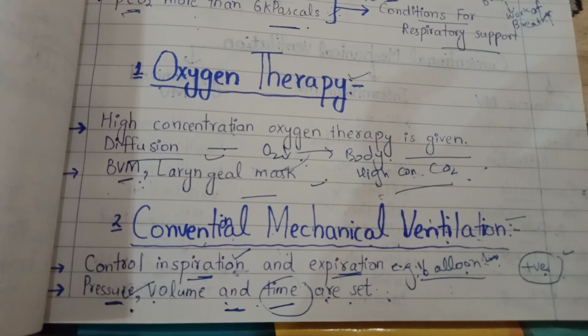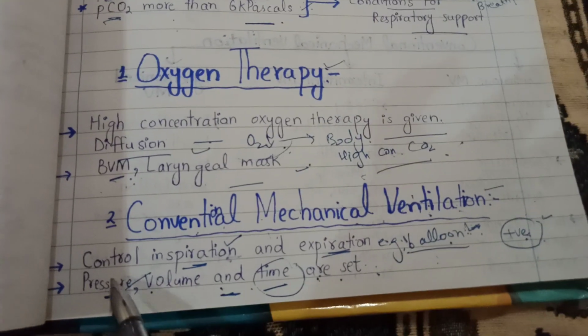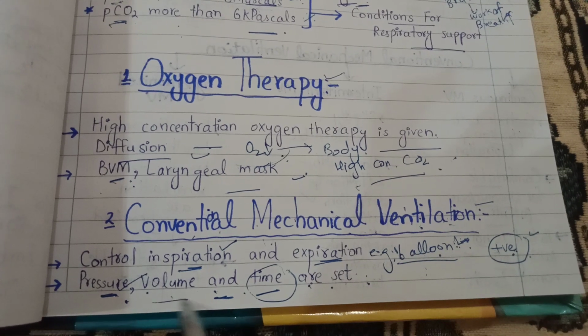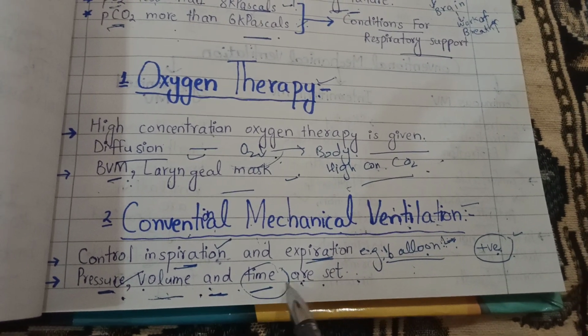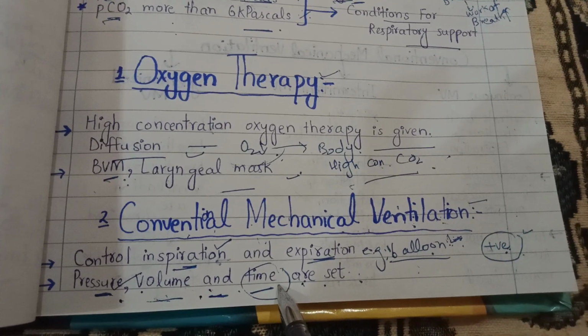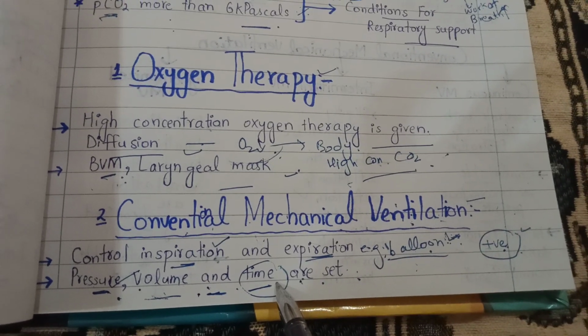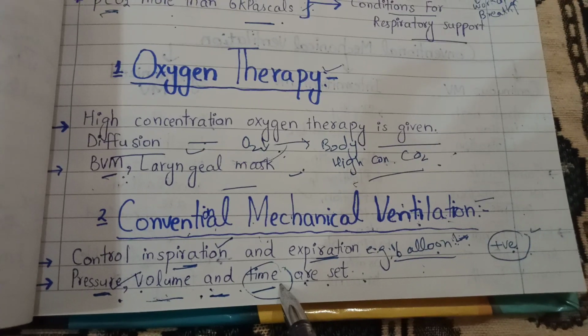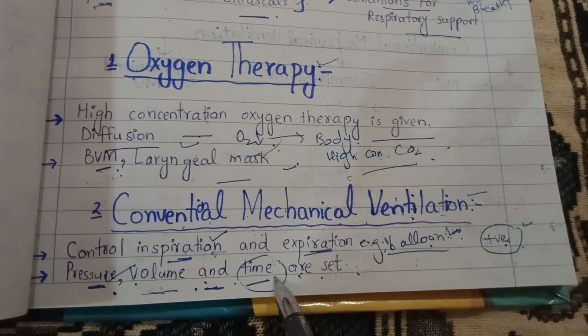Through these parameters we will control how much pressure of air we want to send into the lungs, how much volume of air, and for how much time we want to send air into the lungs. And when that set time is finished, the lungs will automatically expire.